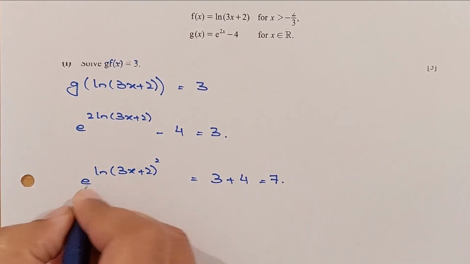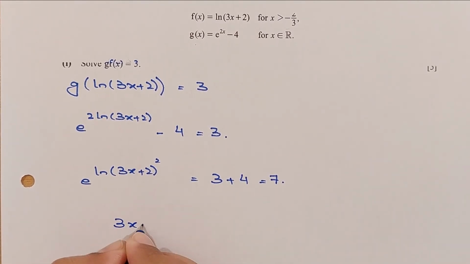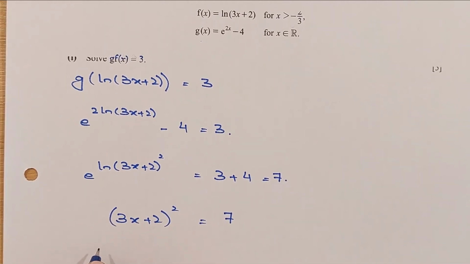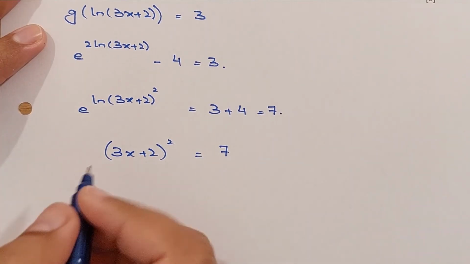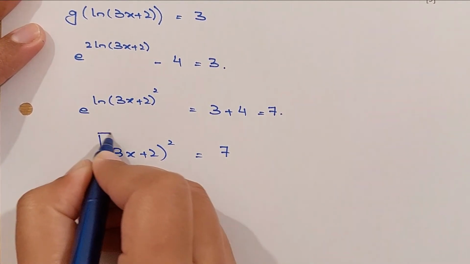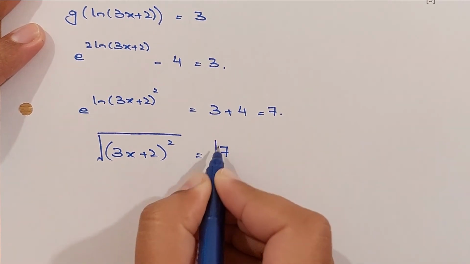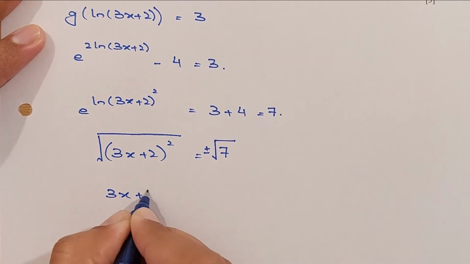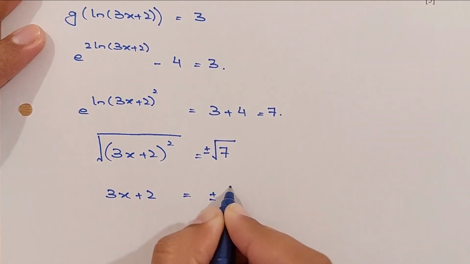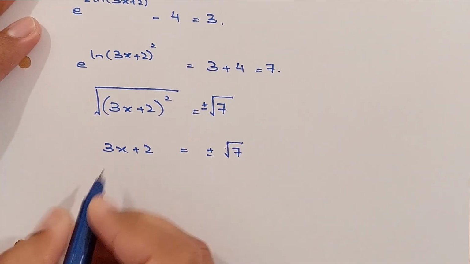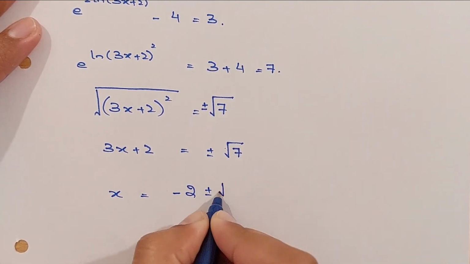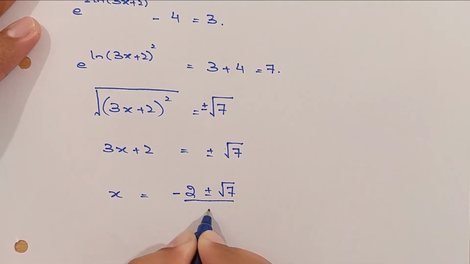Now further simplification, e and ln cancel, so (3x plus 2) whole squared equals 7. Taking the square root on both sides, with the plus minus sign, we have 3x plus 2 equals plus minus square root of 7, right? And from here the x value is (-2 plus minus square root of 7) divided by 3, right?